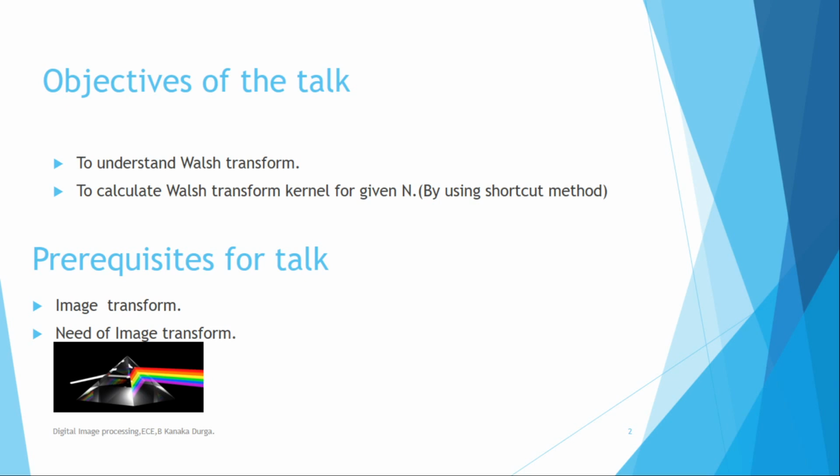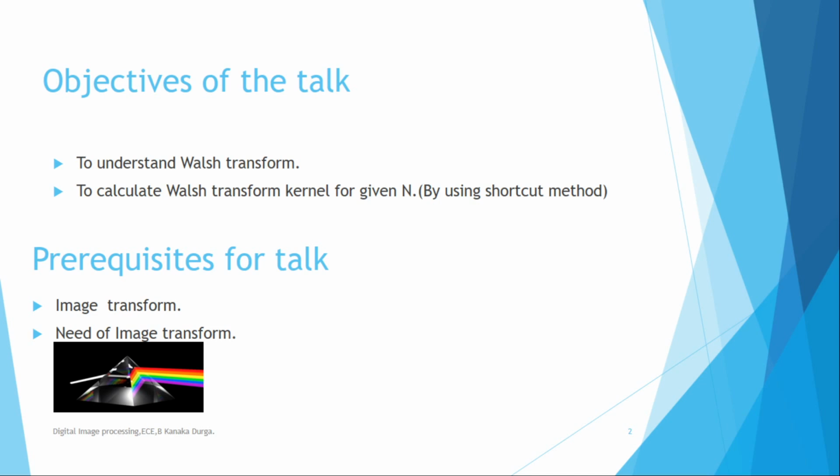So we require a tool to convert an image from the spatial domain to the frequency domain. That mathematical tool we are going to call an image transform. So an image transform is a mathematical tool which converts spatial domain images into frequency domain images.